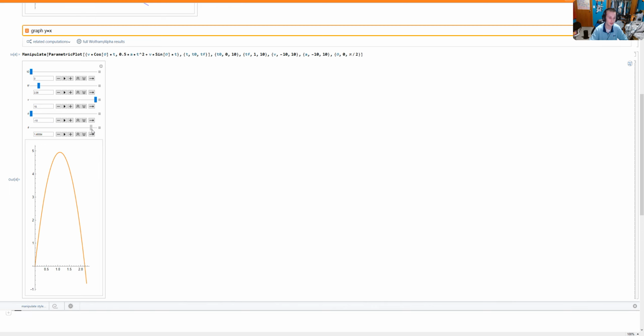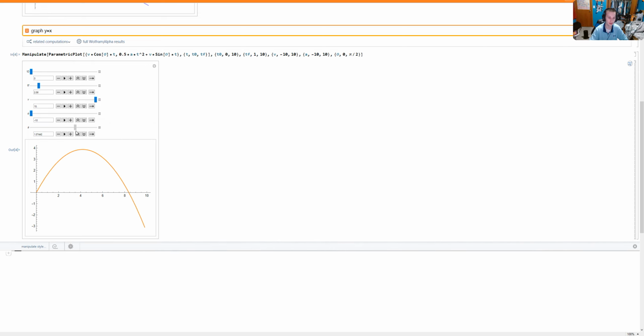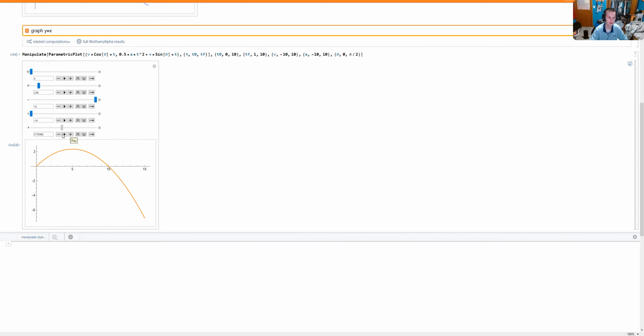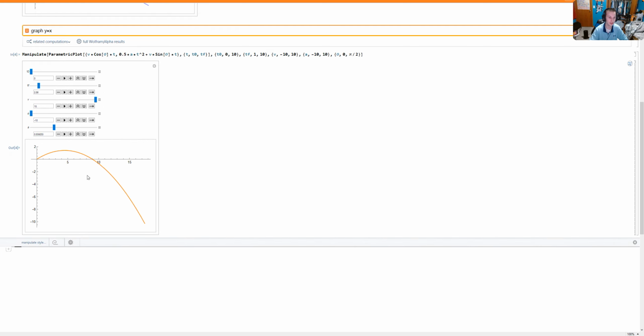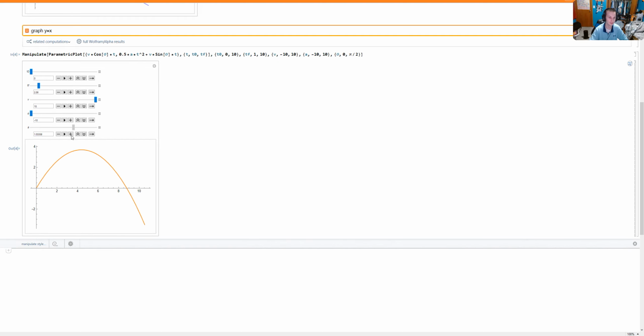As I continually increase my angle, the ball goes less and less far, and as I hit 90 degrees, it's going to be 0. And then as the angle flattens out, it gets longer, longer, longer. But then eventually it's going to start moving back.